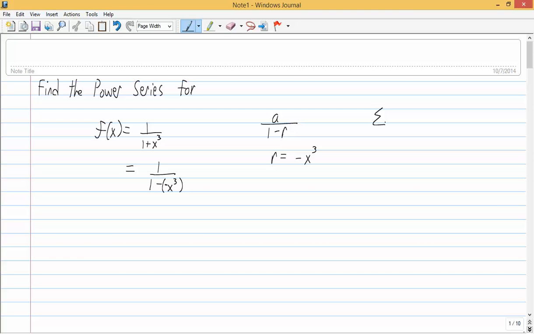And remember, the geometric series is a power series, a times r to the n, n equals 0 to infinity. So our a here is 1, so that would just be 1 times negative x to the third to the n. And then remember, I told you you could rewrite this.